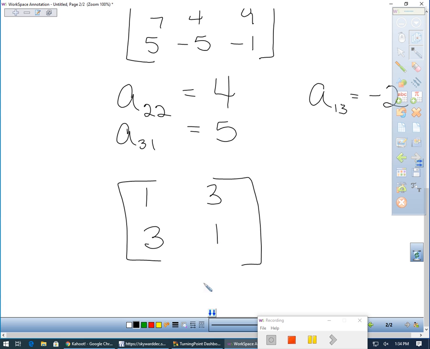And if I said, what is A21? What is A21? This is row 2, column 1. It would be 3. Okay? All right, so it doesn't matter. You just got to go to where the element is. All right? Other questions before I keep going? Okay.